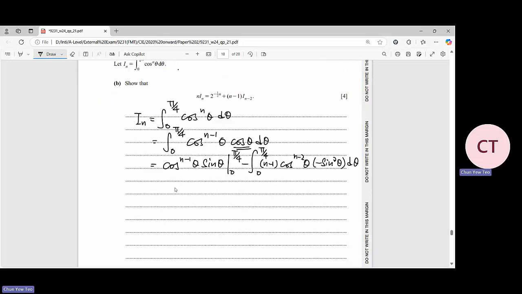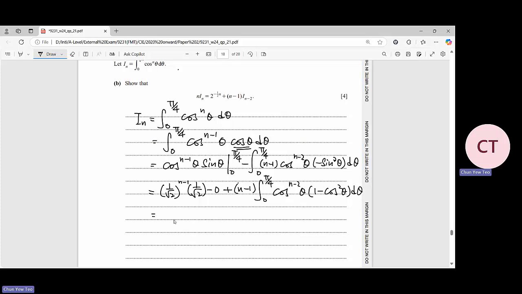I just put in the values directly, so over here I will get cos pi over 4. Cos pi over 4 is 1 over root 2, minus 0. Then this one will be plus n minus 1, integrate this, cos to the power n minus 2 theta. This sine squared, we make it become 1 minus cos squared.